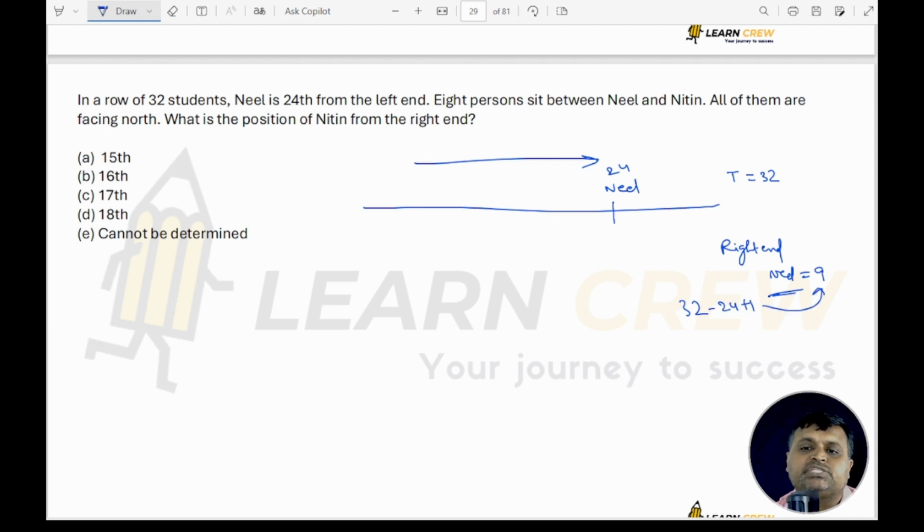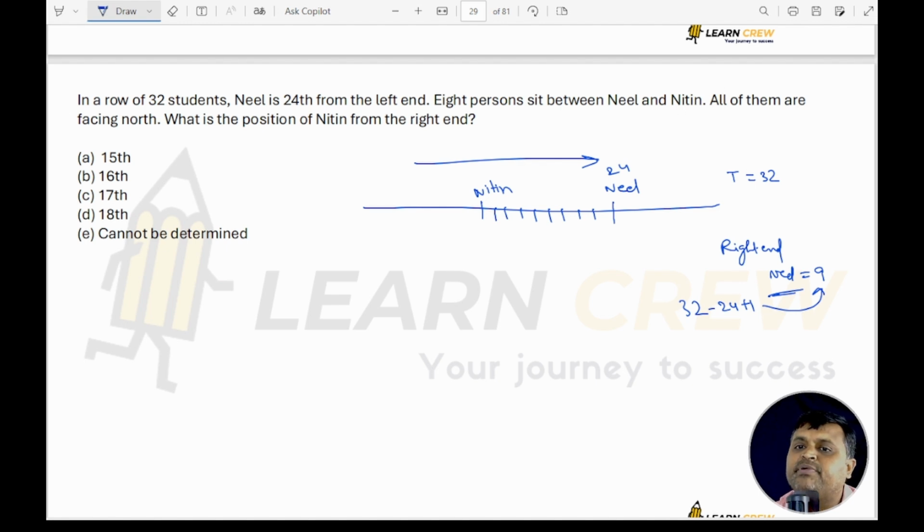That is N minus R plus 1. So it is 9th from the right hand. Now what is given? 8 persons sit between Neil and Nitin: 1, 2, 3, 4, 5, 6, 7, 8, and the next is Nitin.